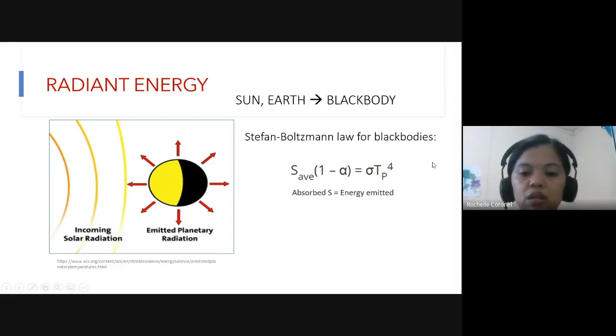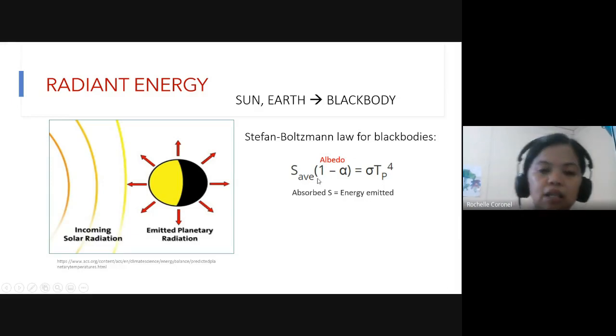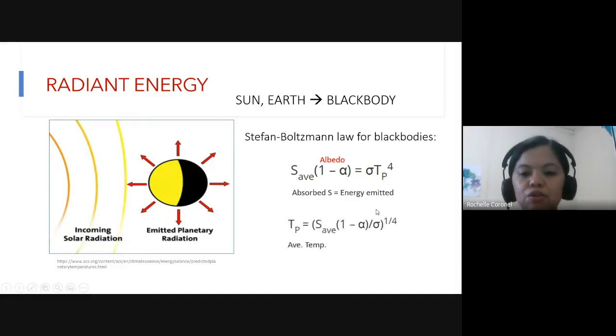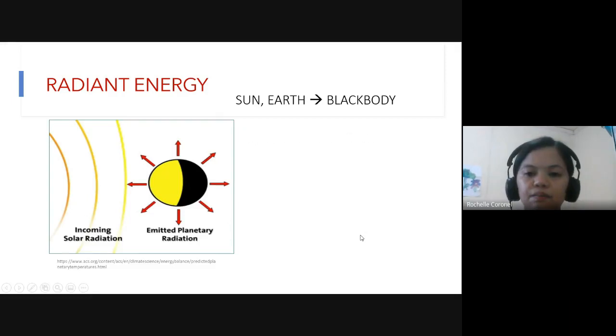In this equation, S is just the energy emitted or absorbed, with the effect of the surface, the albedo effect. Albedo is just the reflectivity of the surface to solar radiation. Using this equation, we can calculate the average temperature of that particular black body.